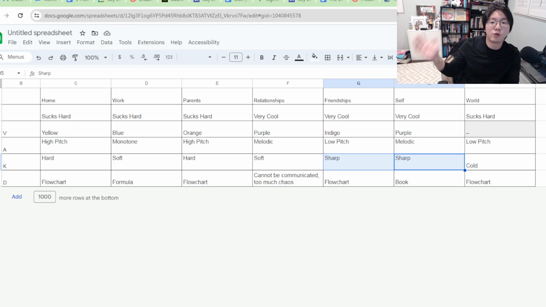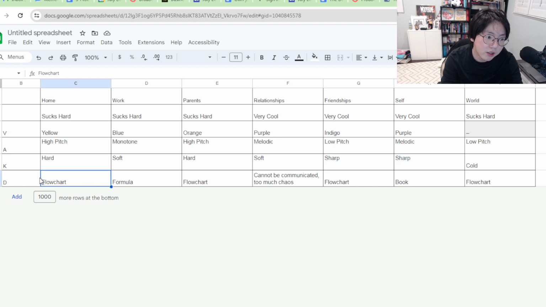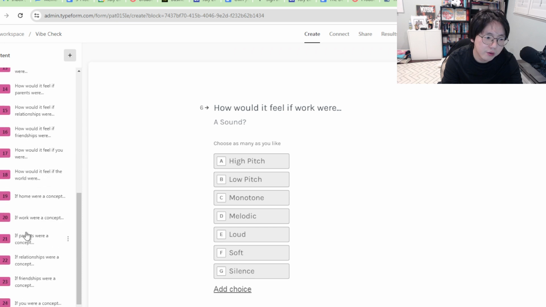And then why would relationships, which is soft, be very cool? It may be that opposites attract, right? And this person may have a relationship with an opposite kind of person, especially in the kinesthetic realm. And hey, you know what? That's okay too.